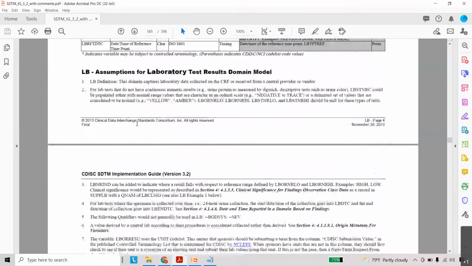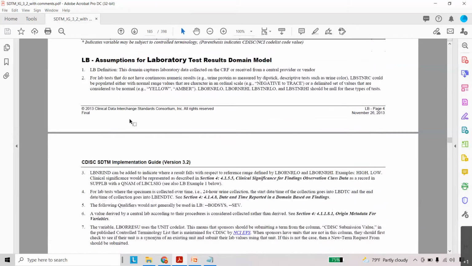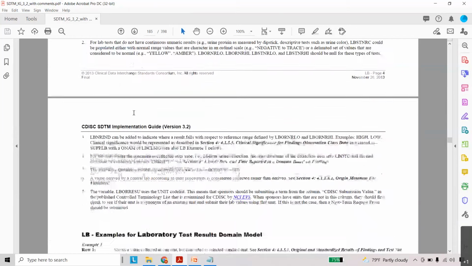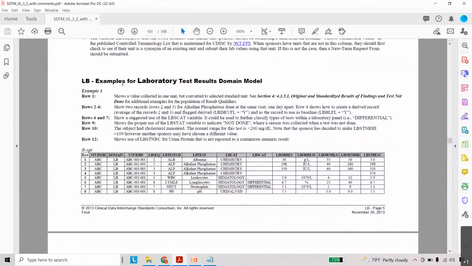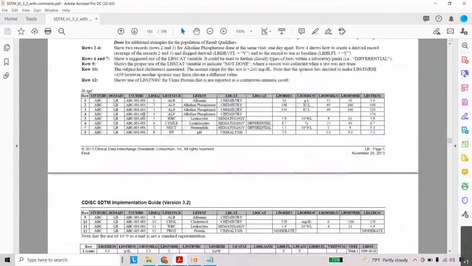If you see down here, there are some assumptions about the laboratory domain. Try to understand the text present here. A few examples are also provided in SDTM IG 3.2, where we can see how the data is presented or populated.